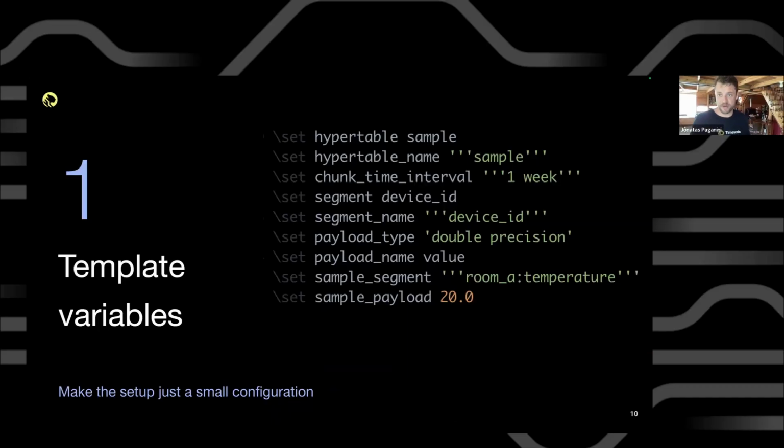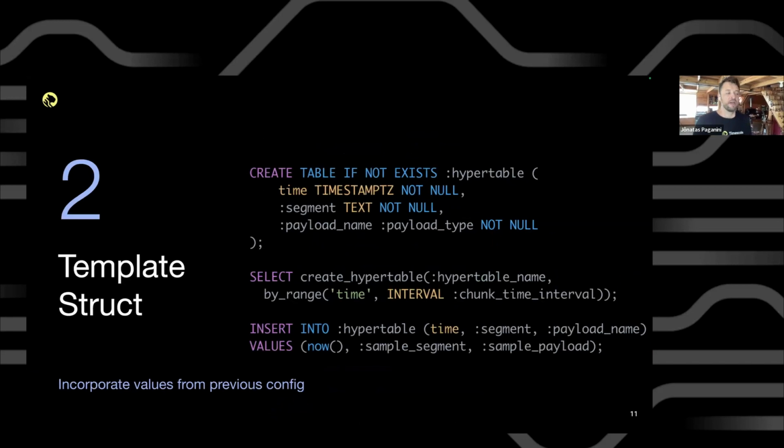So in the template variables, we are defining the name of our objects. So the name of our hypertable, the name of our columns, how much we are going to have, all the settings, so we can concentrate it at the top of our script and then reuse it along with any template or any configuration. So that's the idea. And when we build the template, we can just refer to these previous variables.